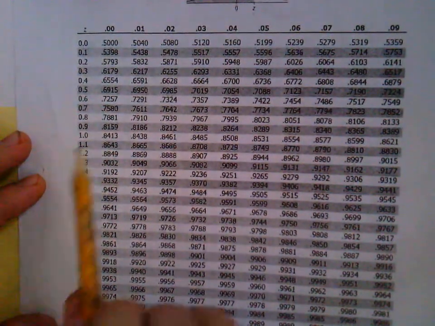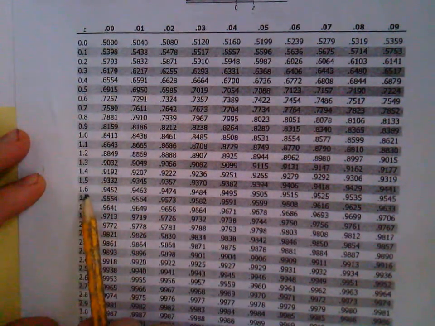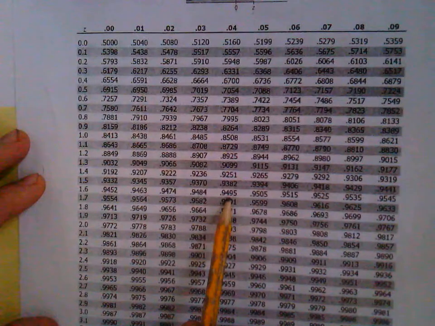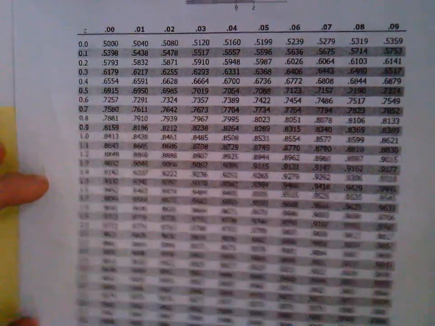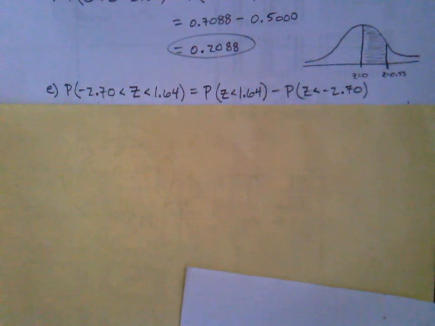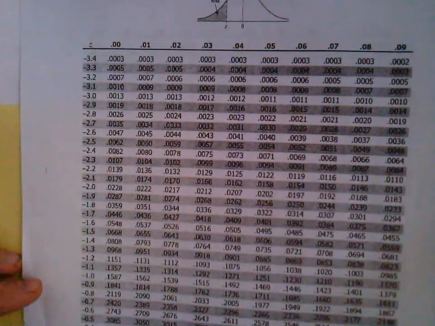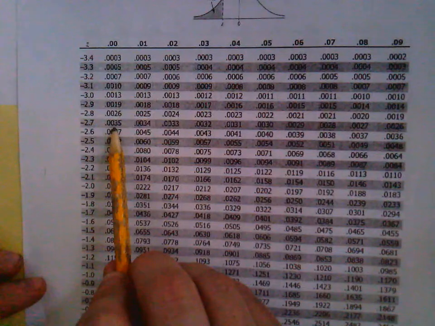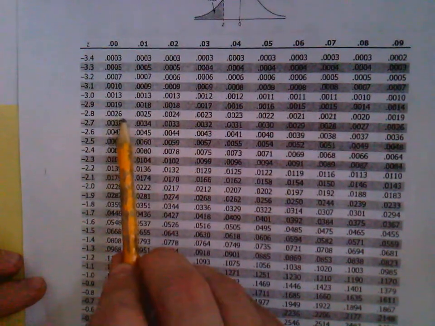1.64, I'll go to my positive z-scores. There's 1.60, 1, 2, 3, 4, 0.9495. And the other z-score was negative 2.70, so I need the other side here. Negative 2.70, 0.0035 is that probability.